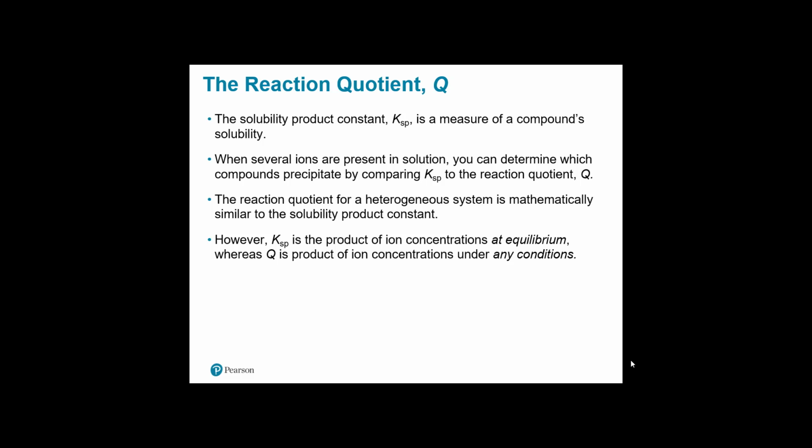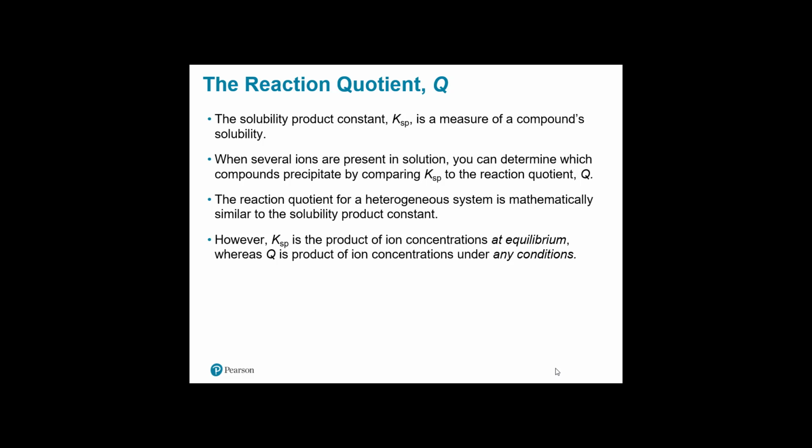So remember, the KSP is a measure of a compound's solubility. Q is the reaction quotient, and it came up in another chapter. It is the product of the ionic compound dissolving, so ions: the concentration of the ions raised to their stoichiometric coefficients.